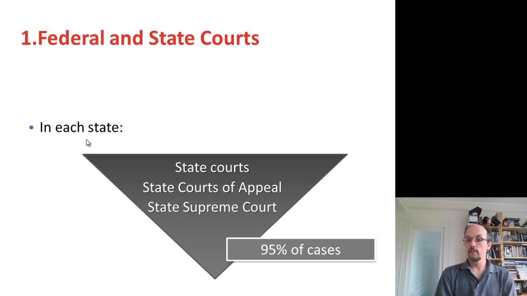In each state, you have courts of justice, then a court of appeal, or courts of appeal, plural, and then a Supreme Court. So a large number of state courts, a smaller number of courts of appeal, and one Supreme Court. And the states examine 95% of the cases in the United States.